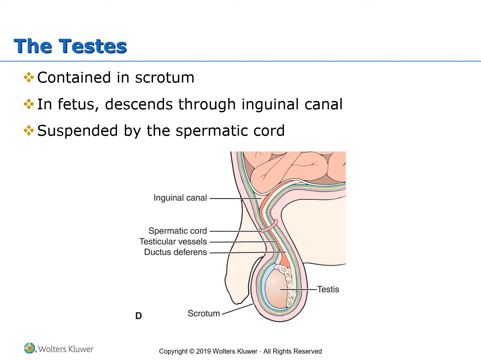The production of spermatozoa normally occurs at a lower temperature than the core temperature of our body. That's why the testicles need to be outside of the abdominal cavity, with their temperature several degrees lower than that of the inside of our body.